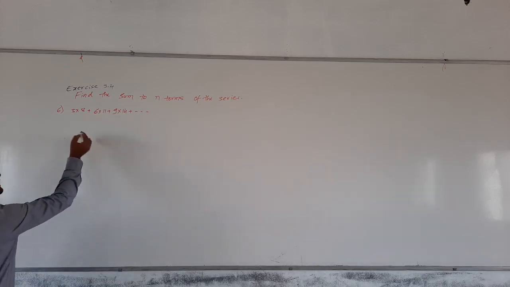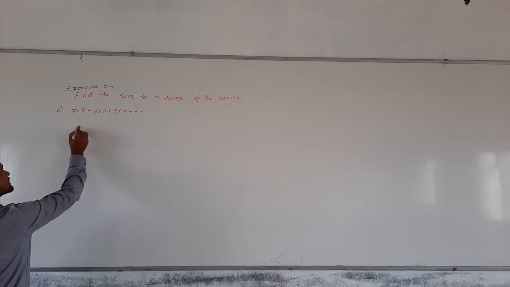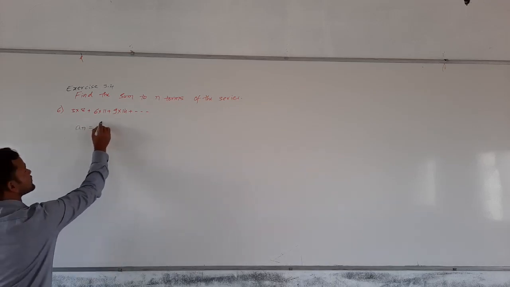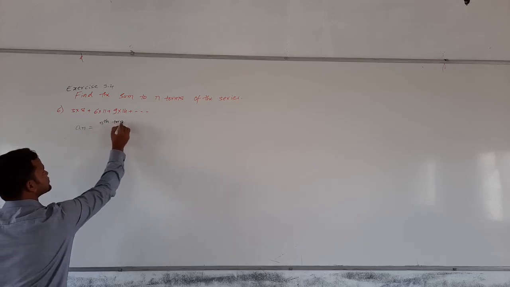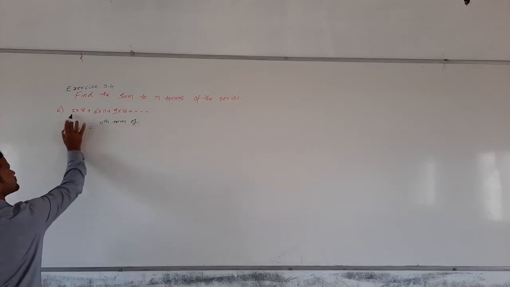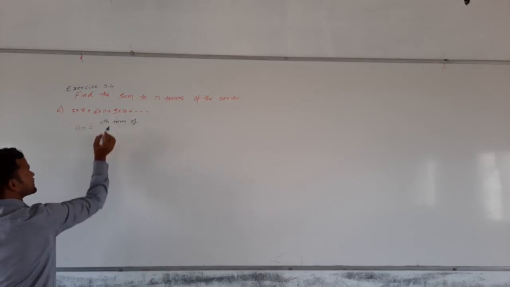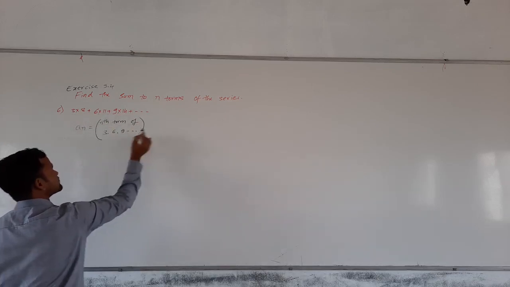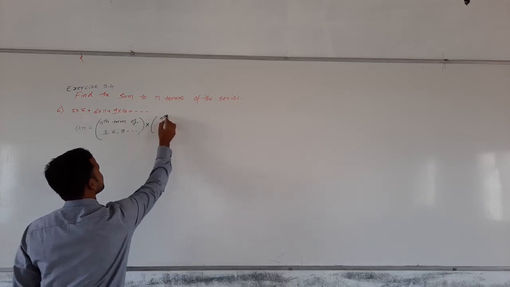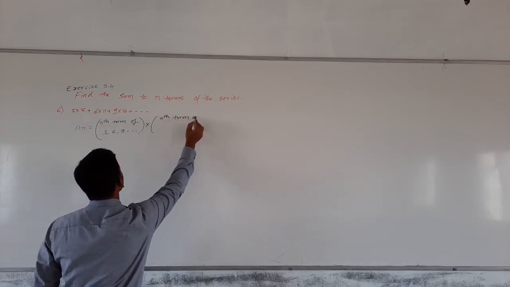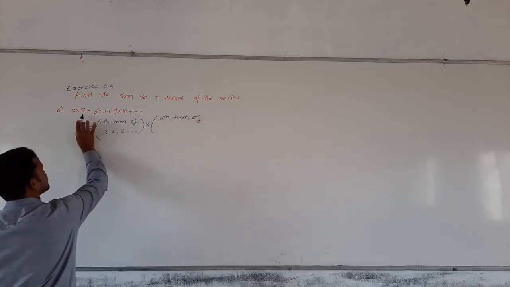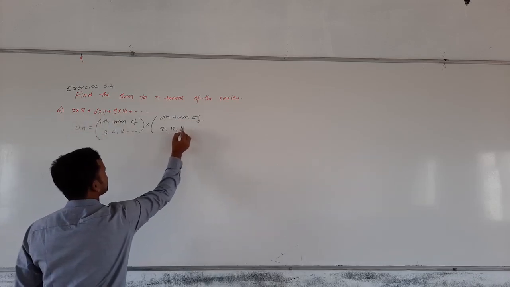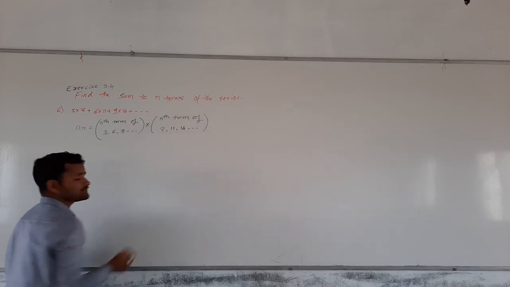For that, what is An? The nth term of this series, we will find like the nth term of the first terms: 3, 6, 9, and so on, which is multiplied with the nth term of the second terms: 8, 11, 14, and so on.